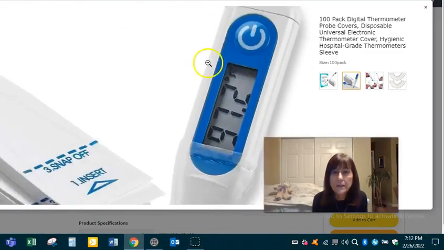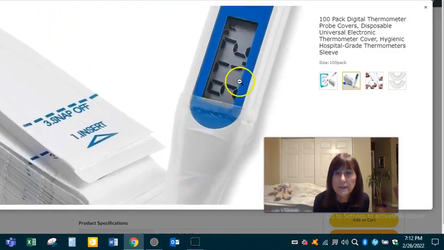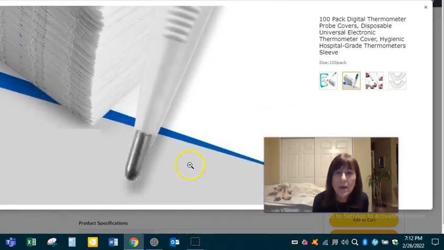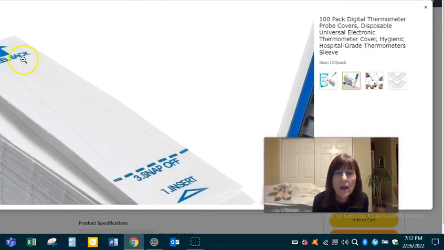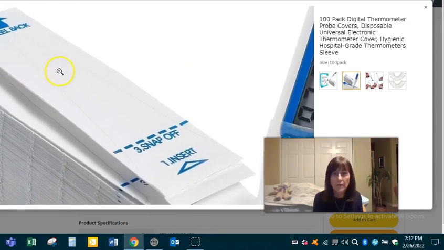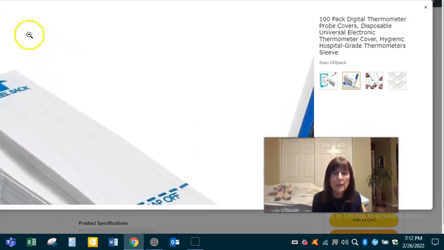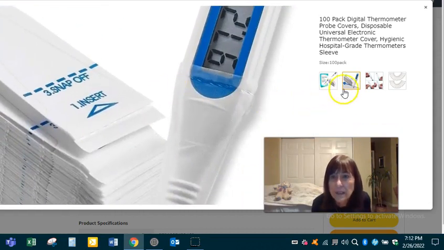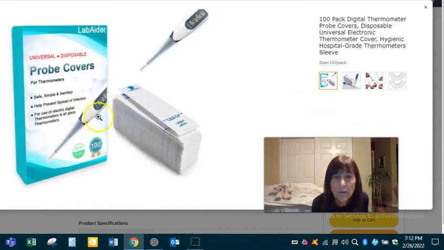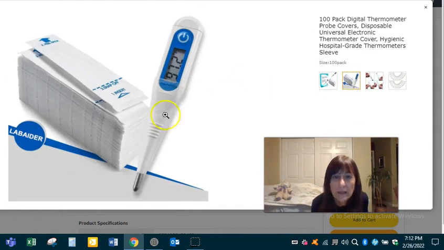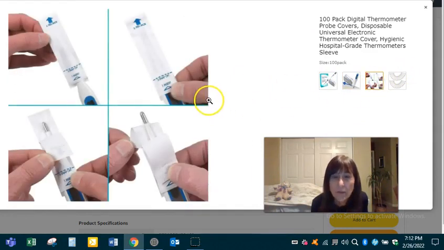Okay, so I just wanted to show you, this is big picture, but these thermometers, they come with these probe covers that you could put on. And they're little plastic covers. Let me see if I get a better picture of that. So they're little pieces of plastic that you put on there.